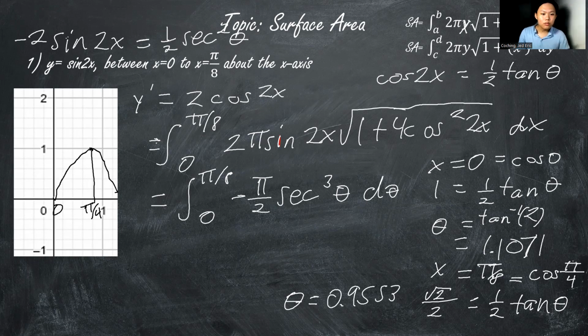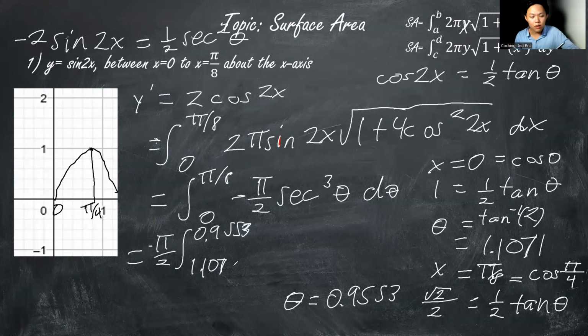So this is going to become negative pi divided by 2, 0.9553, to 1.171 sec raised to 3 theta d theta.